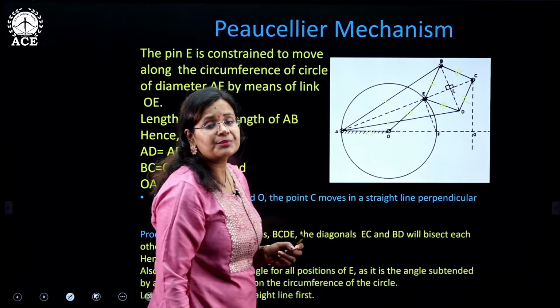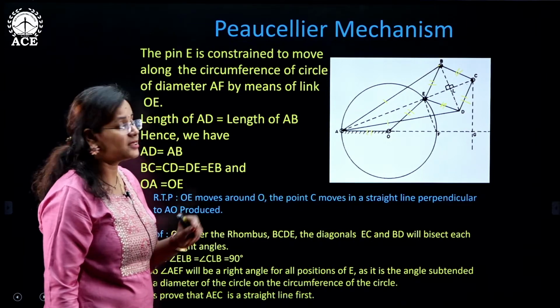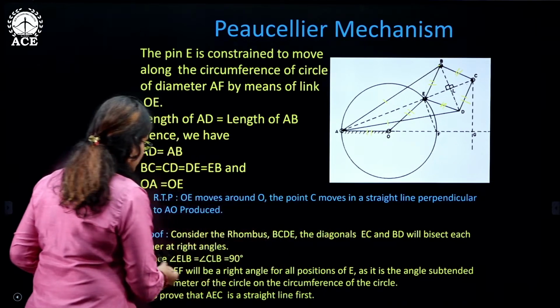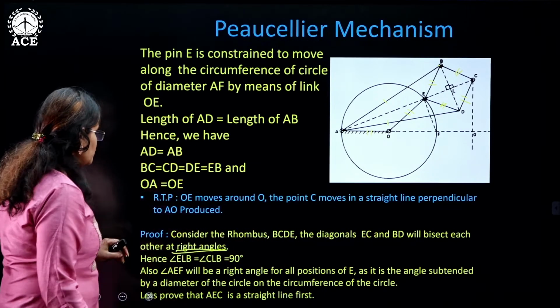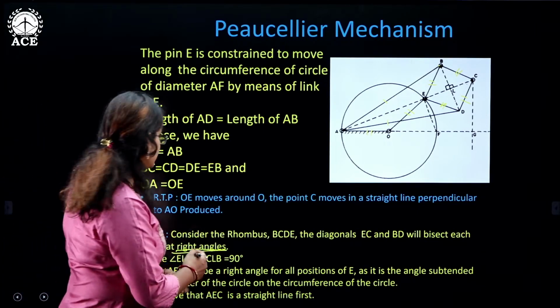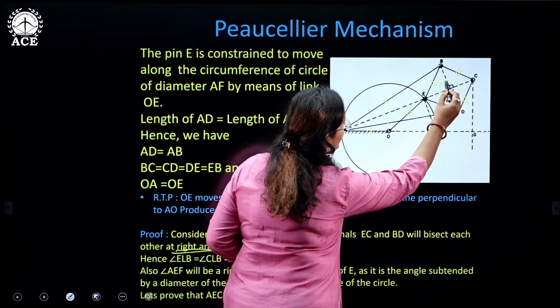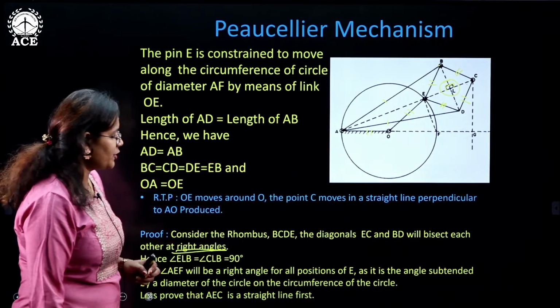We know the property of a rhombus is that the diagonals always intersect each other at 90 degrees. They bisect each other and are at right angles. So we can say that ELB and CLB are 90 degrees. See, I have given this mark also. This mark says they are at right angles to each other.